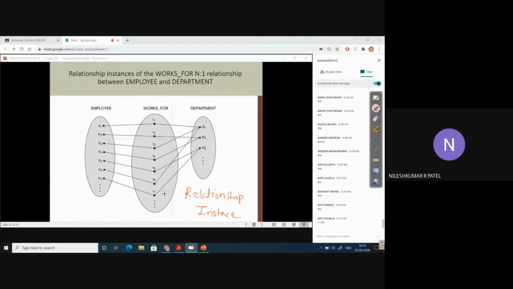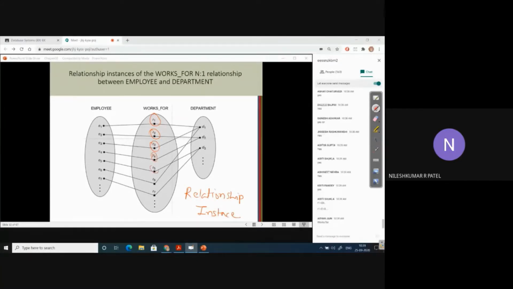So this R1, R2, R3, R4, they all are individually what we can call relationship instances, right? Why do we call it a relationship instance? Because it is an instance that defines the relationship between one entity, that is E1, with another entity D1, and that is why we call R1 a relationship instance. R2 is another relationship instance which defines the relationship between entity E2 and entity D2, and so on.